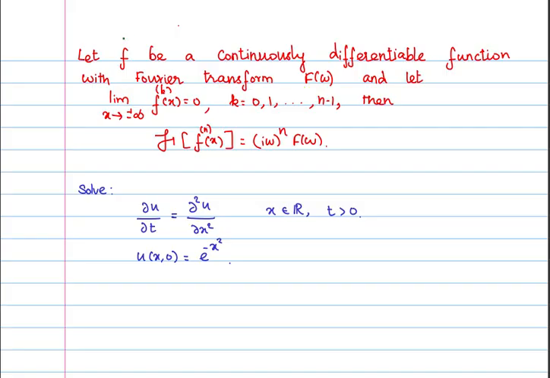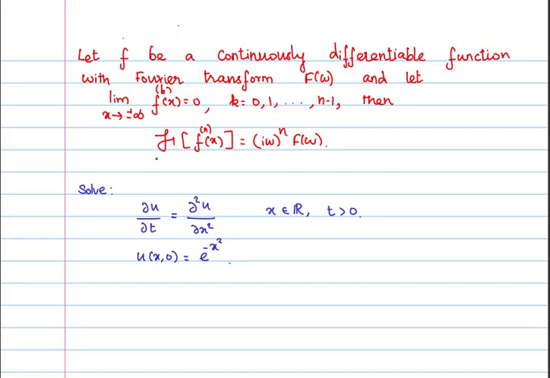You know the function f and its Fourier Transform is F of omega, and its derivatives up to order n minus 1 are 0 at both ends, then the Fourier transform of the nth derivative of f of x equals (i omega) to the power n times F of omega.